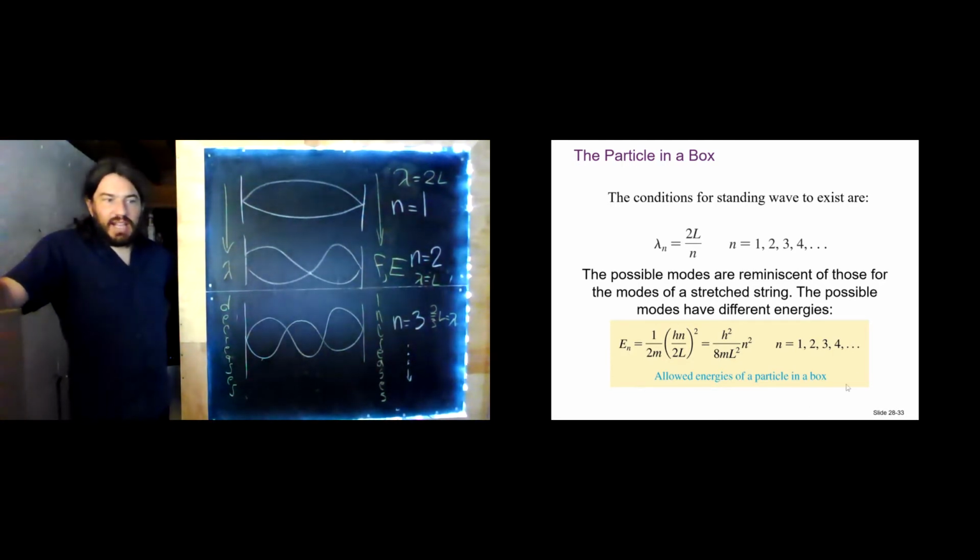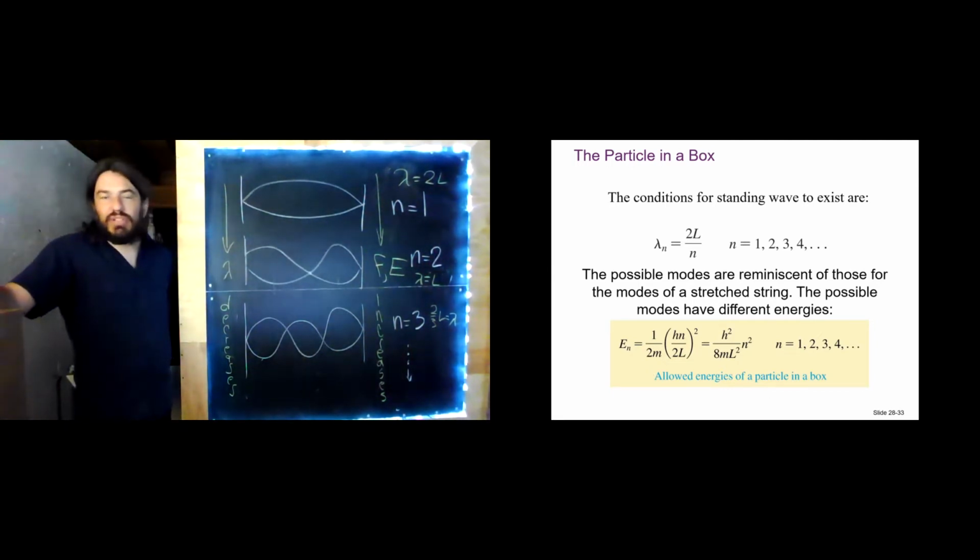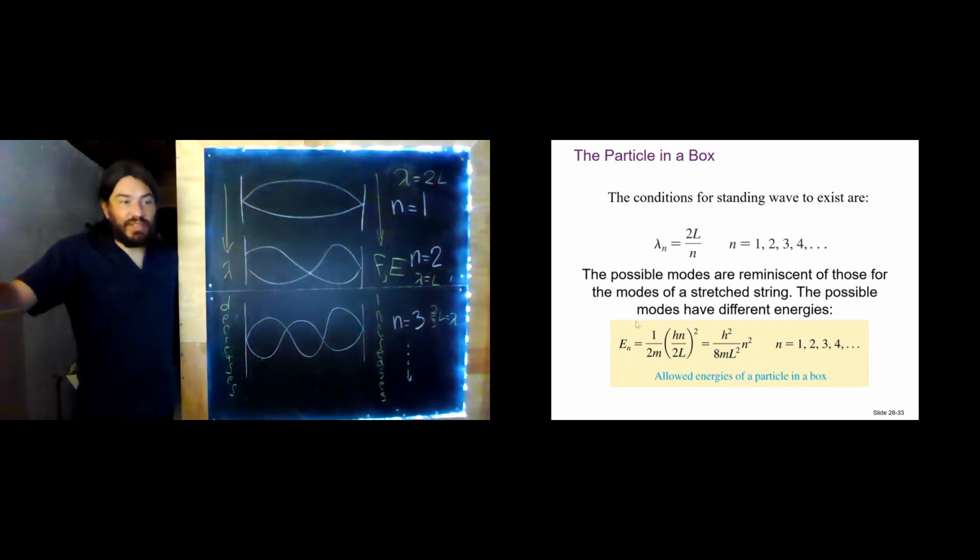Where we're going to take a different path than we did with standing waves on a string and standing sound waves is that each of these modes has different energies associated with it. I'm not going to prove this to you, but it comes out of the Schrödinger equation that we could write for these waves. So these energy levels are given by this equation here. What do we see?